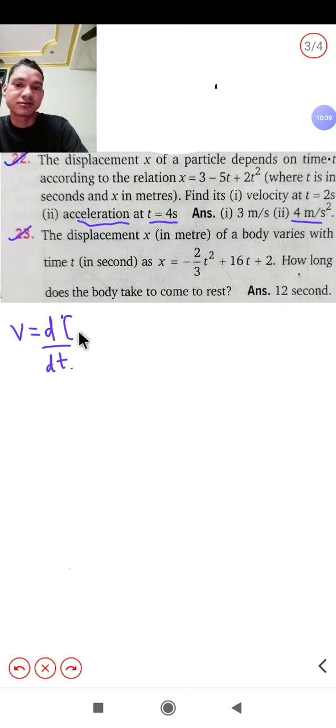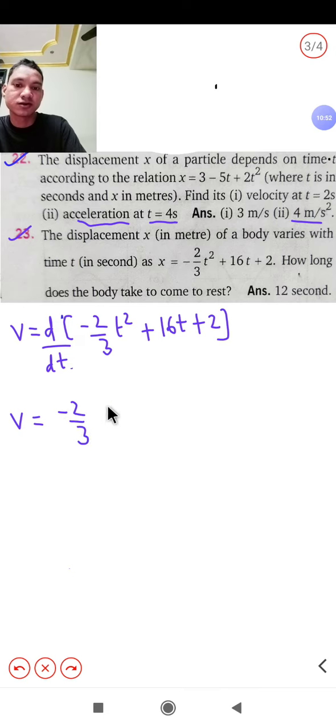So first part is easy generally. 2 by 3 t square plus 16t plus 2. So here minus 2 by 3 is a constant. Let me take it out. 16 is constant in second term. Let me take it out.